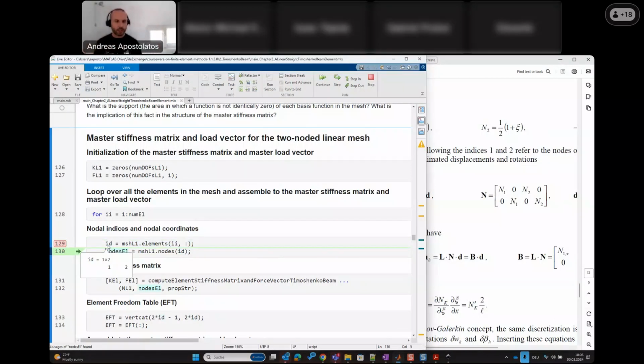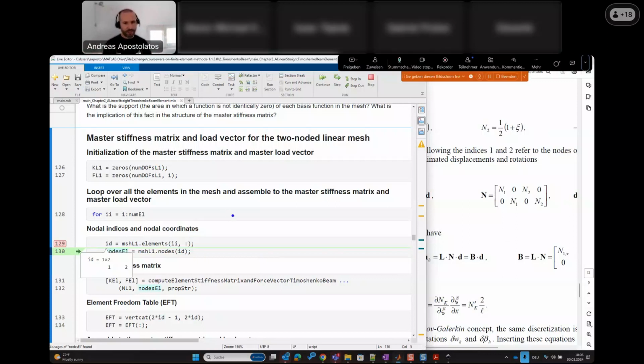Two, which means the first and the second element node, sorry. That's pretty straightforward, because you have a mesh which looks like this: that's the first node, that's the second node, that's the first element. So the first element comprises node 1 and node 2. Here's going to be element 2, and this is going to be node 3.